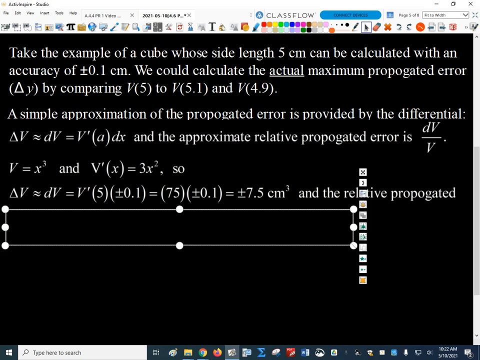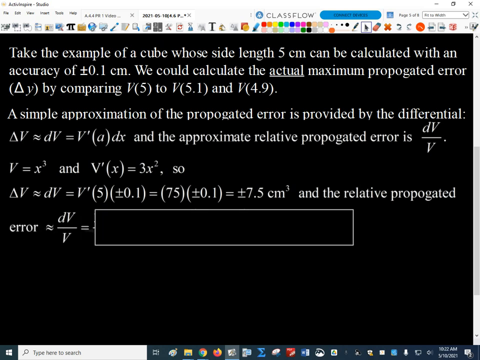Okay, so we got dV over V. Now what we could do is just plug the numbers in there, right? We know dV, we already calculated that. dV is just going to be V prime of x times dx. That's just our differential, isn't it? That's what we had right here.